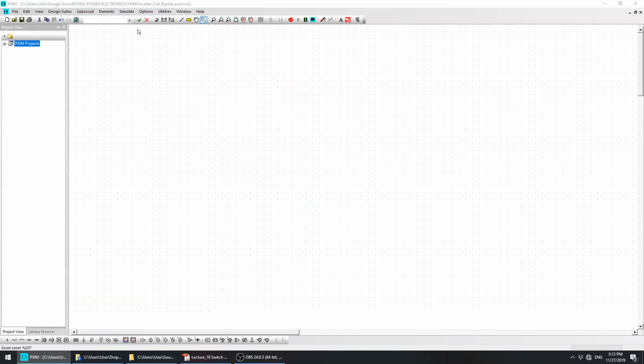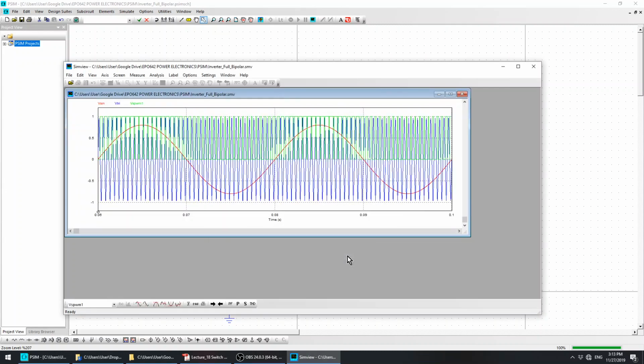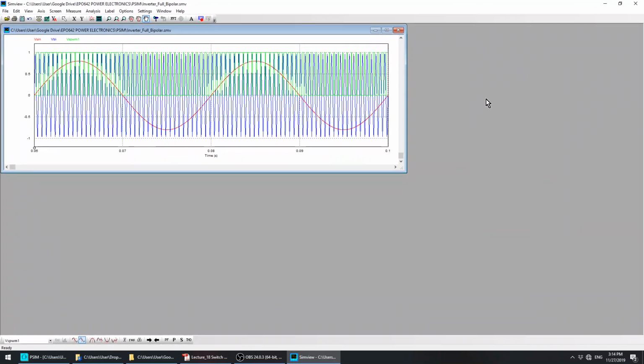So if you run that, let's look at the sinusoidal signals, triangular carrier signals, and then we have SPWM generated. So this is your bipolar PWM waveform.